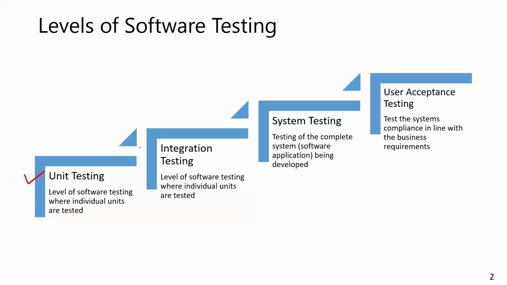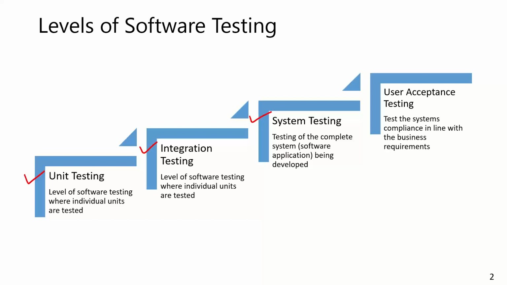Integration testing is where we integrate the modules created by different team members and put all of them together to see how these units work together when they are integrated. That is called integration testing. The next higher level of testing is system testing.